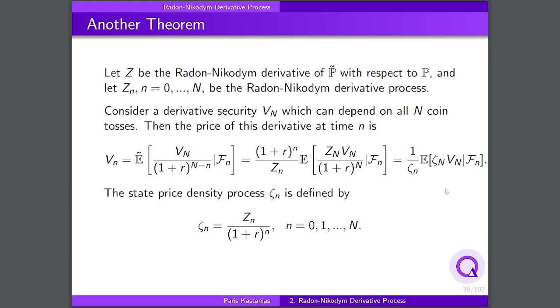Consider a derivative security V_N, which can depend on all N coin tosses, and the price of this derivative at time n is going to be 1 divided by the state price density process zeta_n multiplied by the expectation of zeta_N V_N given the information up until n, and the state price density process is defined by that. Okay, so zeta_n is equal to Z_n divided by (1 plus r) to the n.